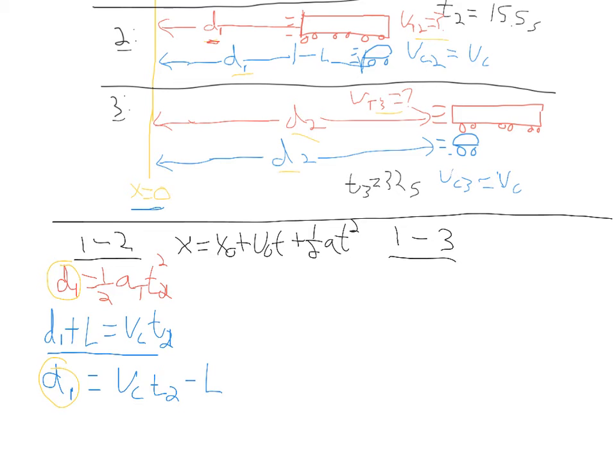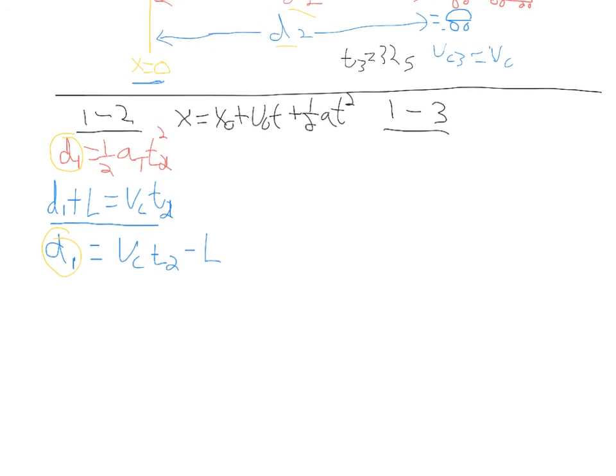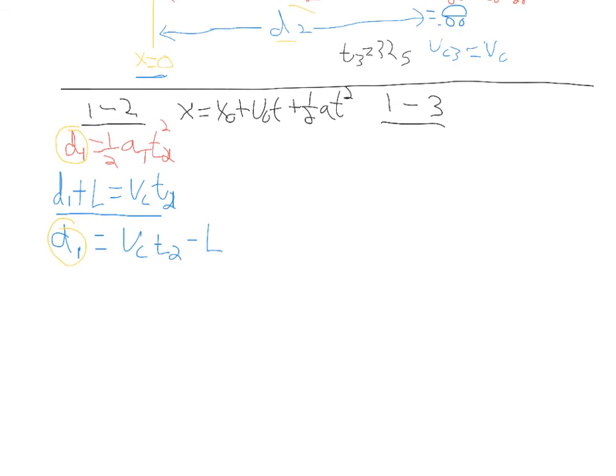So let's go ahead and do that. I'm going to scroll up here to give myself a little more room. Alright, so if we set d1 equal to d1, then we come up with an equation that looks something like this: 1/2 the acceleration of the train multiplied by t2 squared is equal to the velocity of the car times t2 minus L.